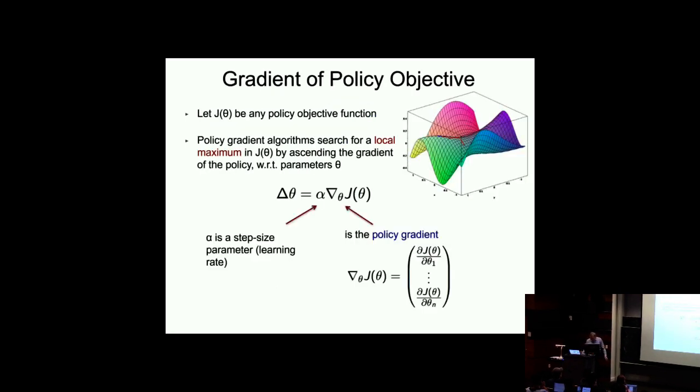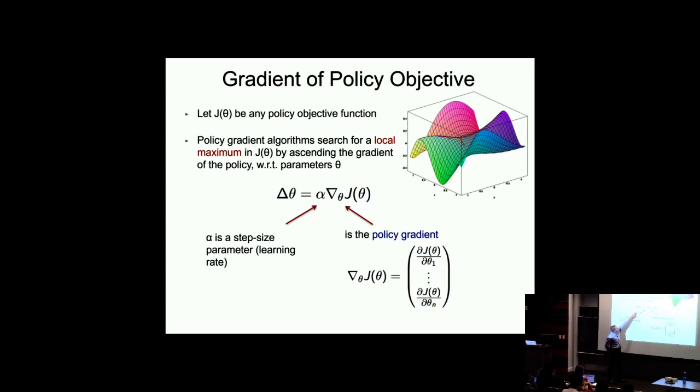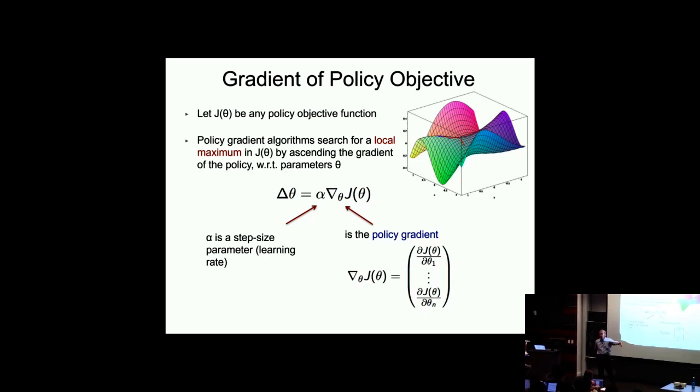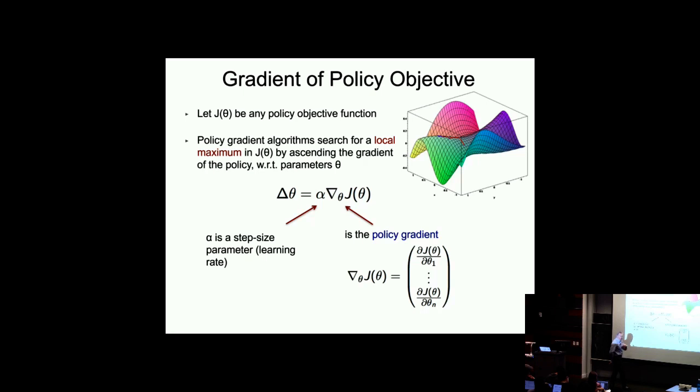And so in this case, our gradient methods are going to look like this. We have some vector of parameters theta that define our policy. We've talked about the objective we're going to try to optimize, which in our case, for episodic worlds, could be just the value of the starting state. Let's maximize that: the expected discounted future reward under the policy pi theta of that start state. And so we're going to be doing gradient ascent. We want to maximize the future reward, not minimize it.